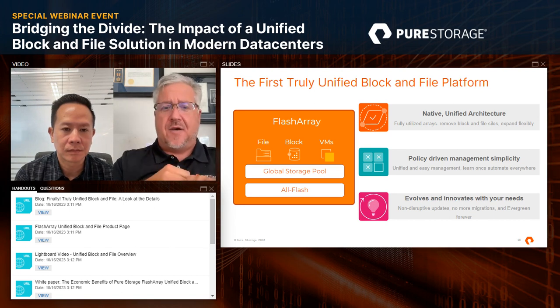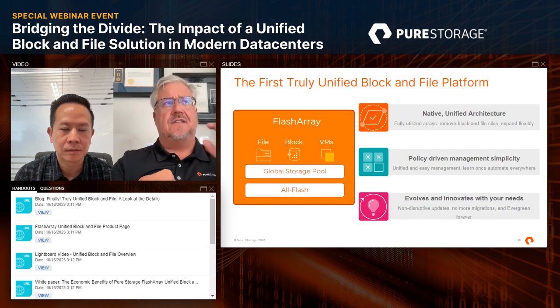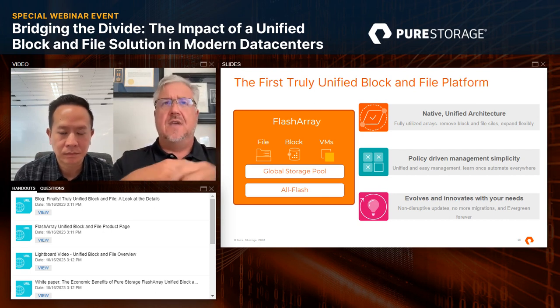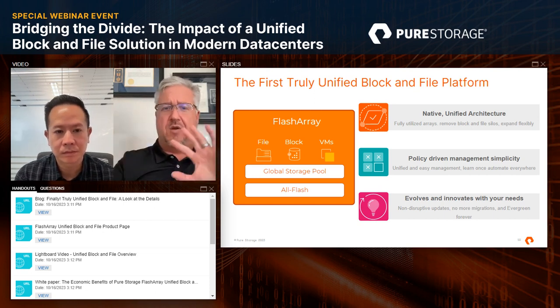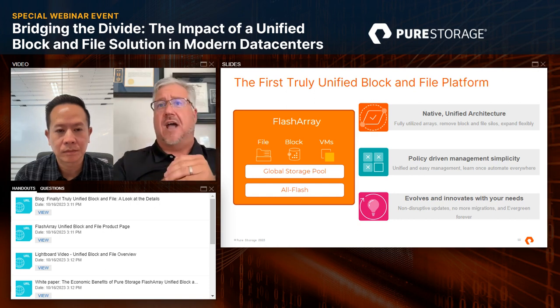The best part about this is because they are unified, we can unify policy management as well. And as you'll see over time, we are planning on evolving our services inside of Purity to allow for better integration into the hybrid cloud challenges that are out there.